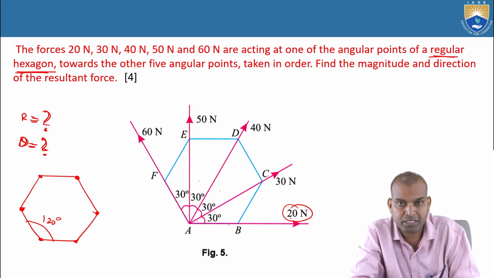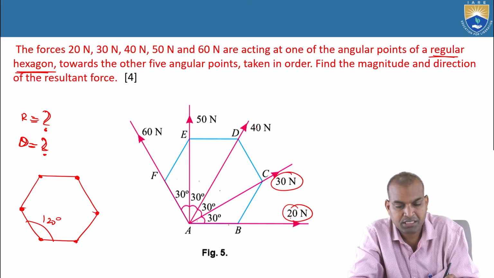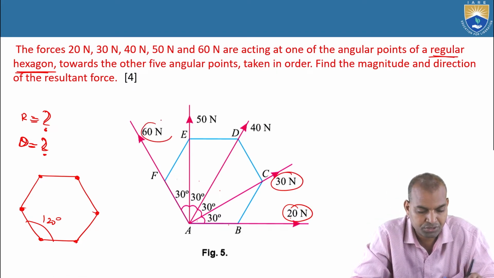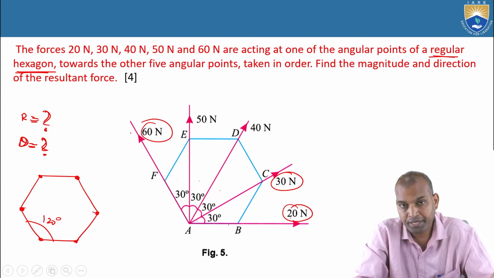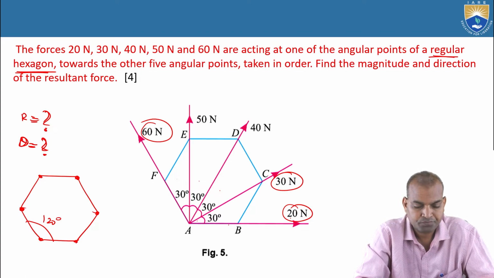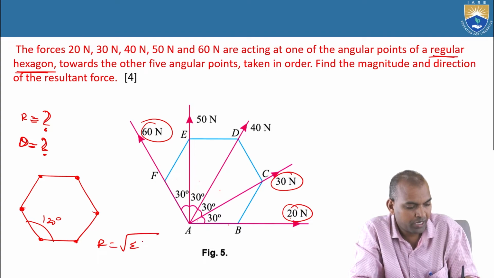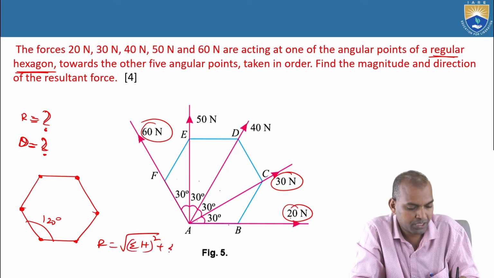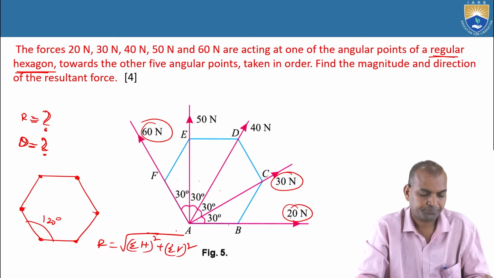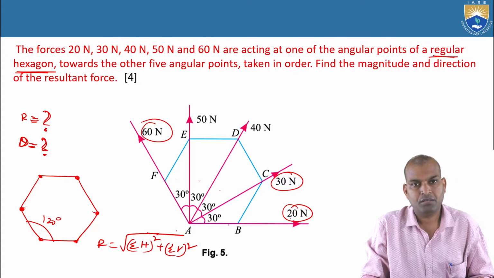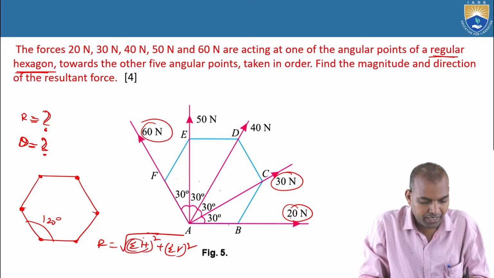Now here it is 20, and next 30 newtons, 40, 50 and 60 newtons. How do we find the resultant force? The resultant force R is equal to the square root of sigma h whole square plus sigma v whole square. What is sigma h?